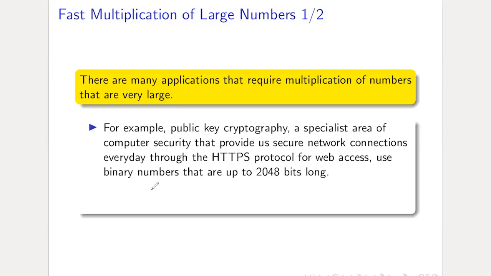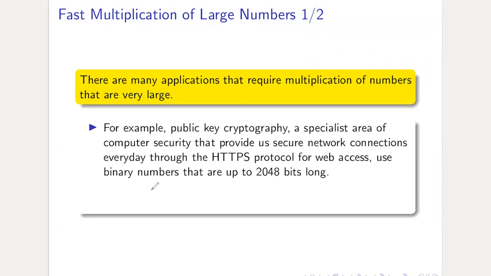Whenever you connect to the internet using a secure connection, HTTPS, that protocol uses cryptography, a secure means of connecting to the internet, that uses this kind of large numbers. You always connect to the internet using HTTPS for Moodle access, for LMS access, for Gmail access, for Zoom access.